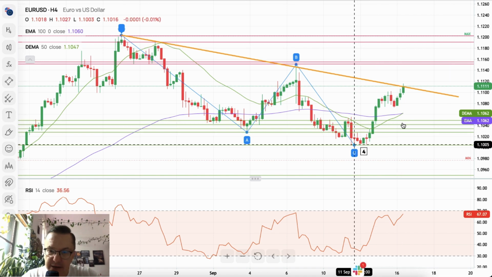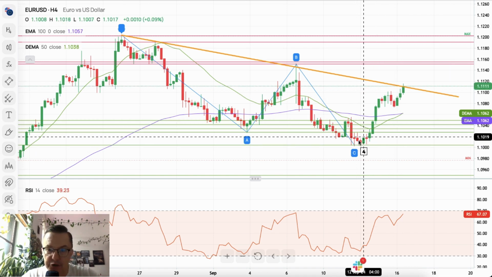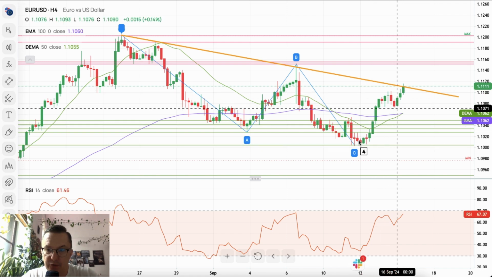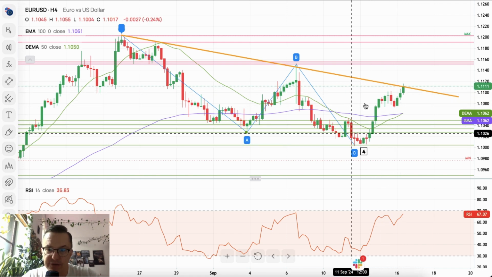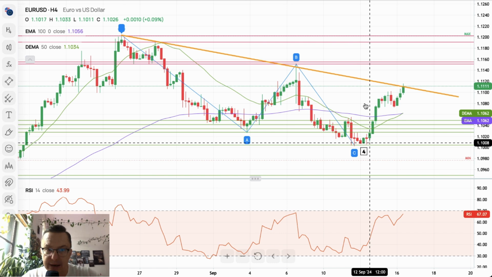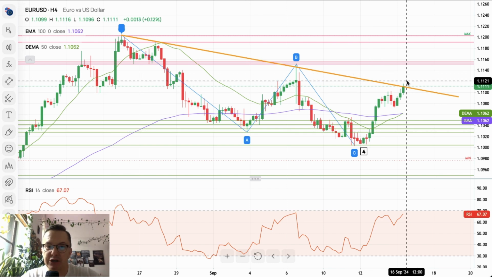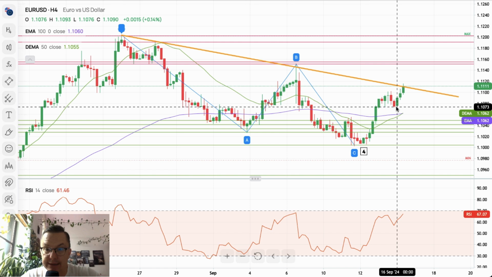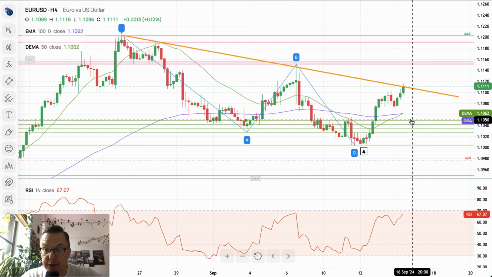However, if we take a look at this progression here, you can see that this is 1, 2, 3, 4, 5 waves to the upside. It looks very impulsive. So the chances here are a little bit lower for the bears that they will be able to push it lower back towards 1.1073 and towards 1.1051.